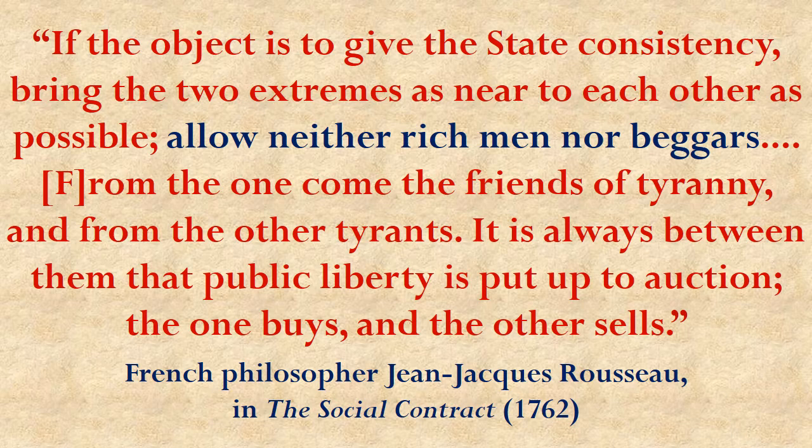The rich people would buy the votes of the poor people, so to speak, buy their allegiance, and in that way the rich people would become tyrants and freedom would be lost. So to get rid of that possibility, he wanted to get rid of both rich people and poor people.